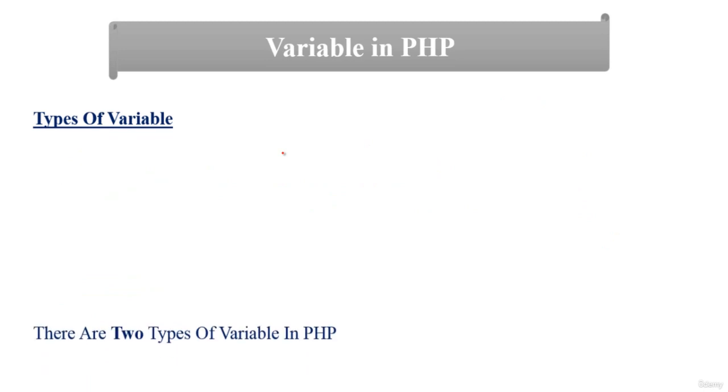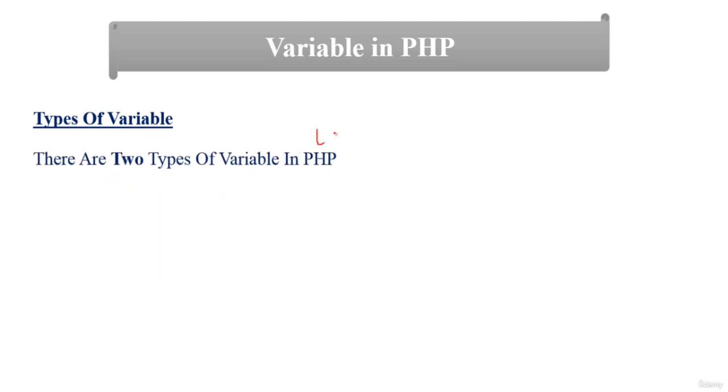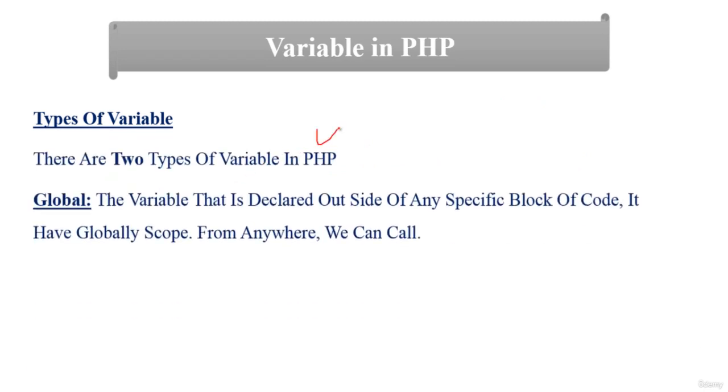Types of variables. There are two types of variables in the PHP programming language. One of them is global. What is a global variable? The variable that is declared outside of any specific block of code. It has global scope. From anywhere we can call it. For example, this is a specific block of code starting from here and ending here. This area is outside of the specific block of code.